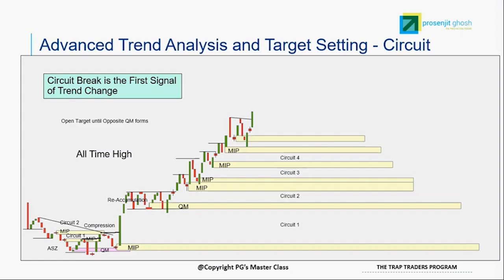So what we get here: lower high, lower low and higher high, and the authentic zone got engulfed. So this is a QM form. We know the gap between a QM and a MIP is known as circuit number 5.